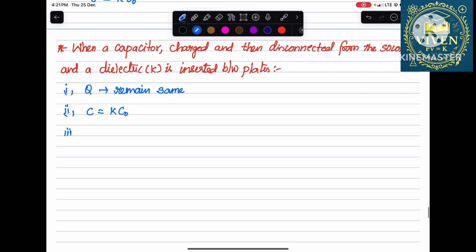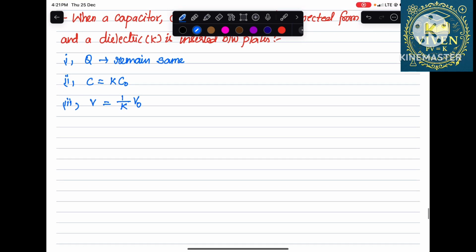Third, potential difference becomes 1 by K times the initial potential difference. And fourth, electric field also becomes 1 by K times the initial electric field.